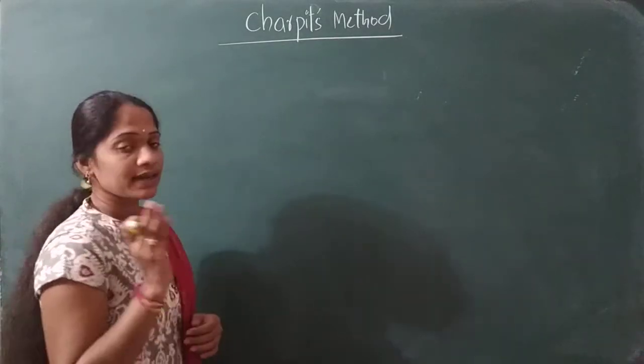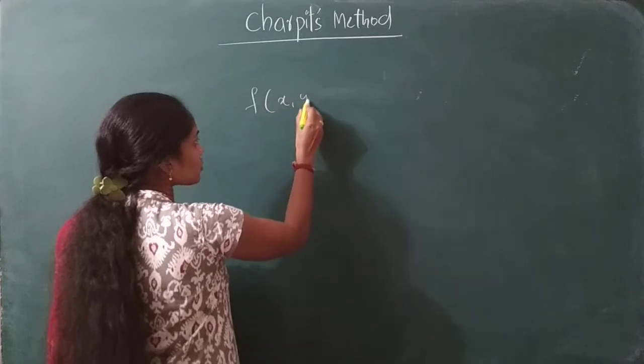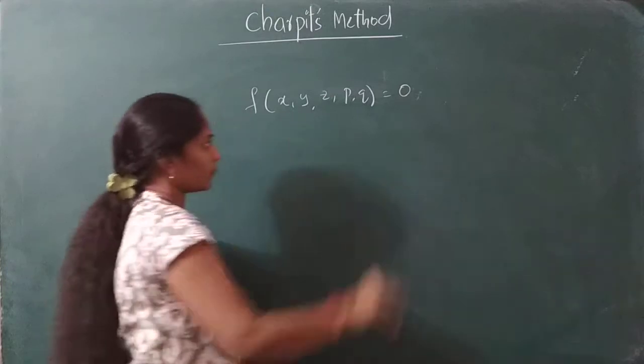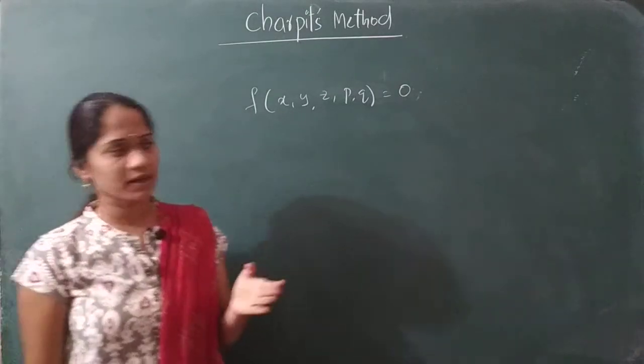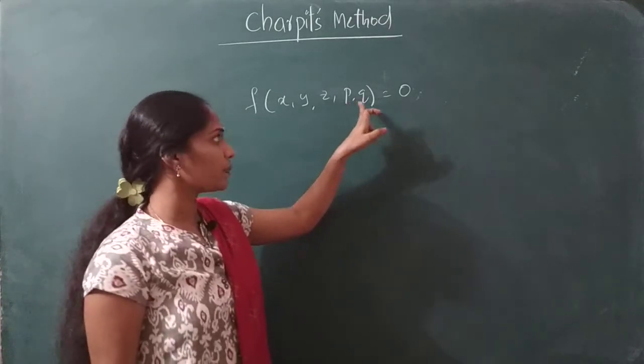Now first consider the first order PDE. Let us take f of x comma y comma z comma p comma q is equal to 0. This is a first order PDE, which is non-linear in p comma q.